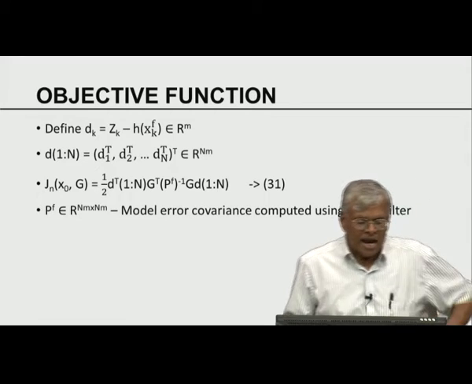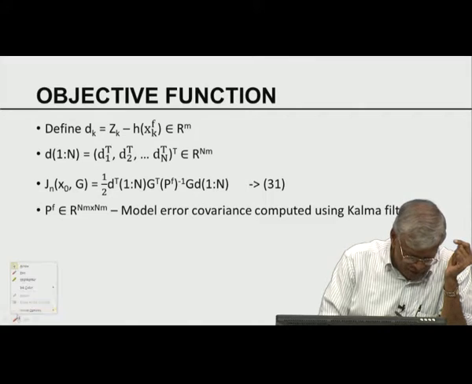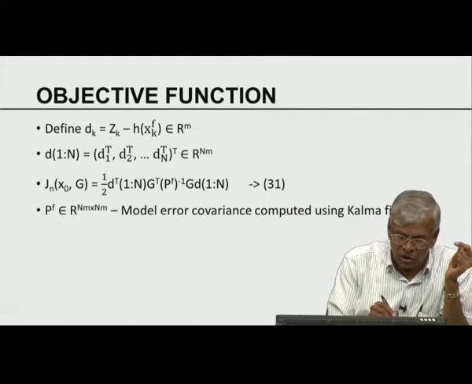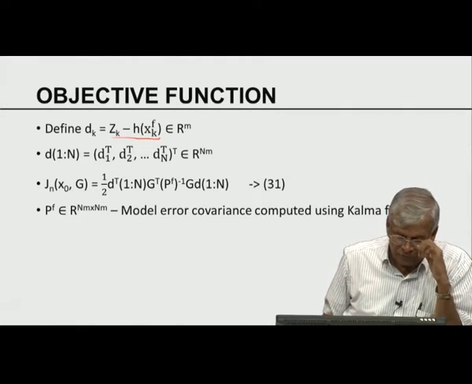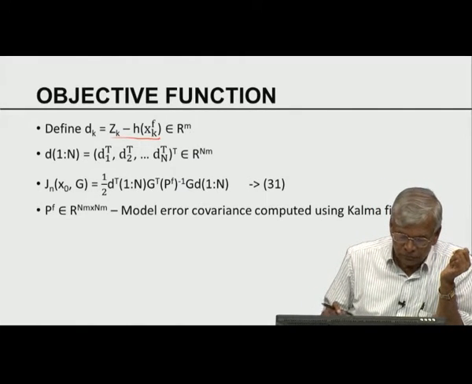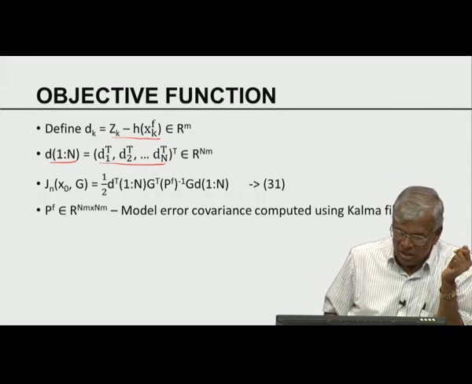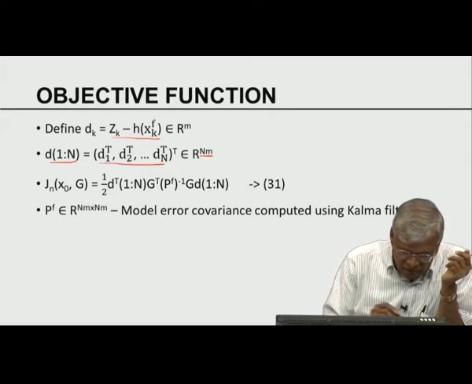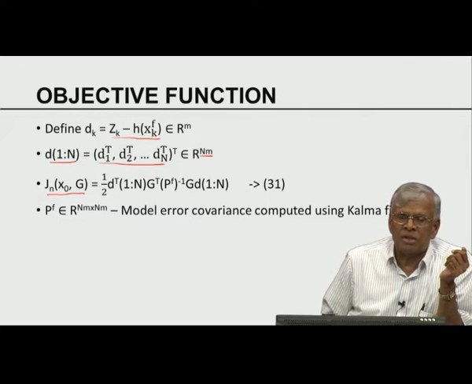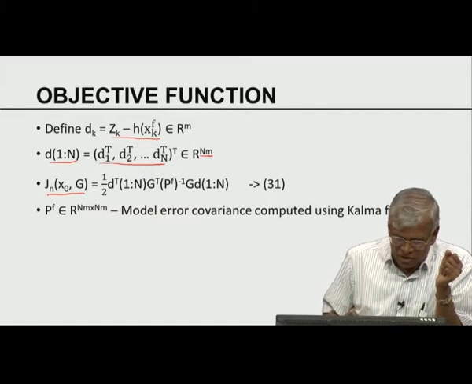So define d_k, which is equal to z_k minus H x_k^f, which is the innovation, the new information that z_k contains other than what the forecast gives you. So d is the vector of such innovations. D is again a vector of size n_m. Now I am going to concoct a J_N of G. J_N is called the nudging induced cost function.